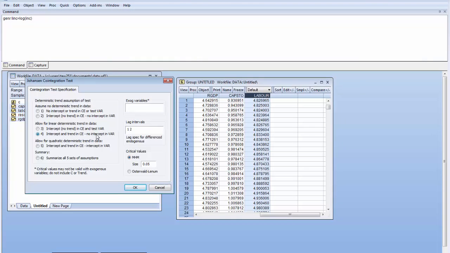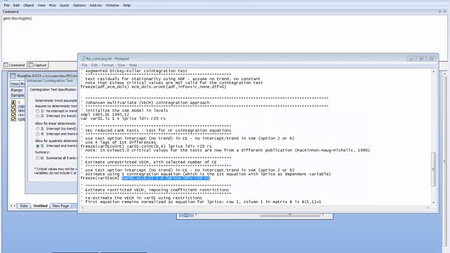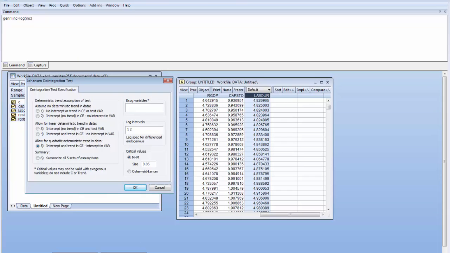Next one is number 5. In this case, the thing is, here you will include the trend t term both in cointegration equation and in the VAR. Sorry for that. Okay.